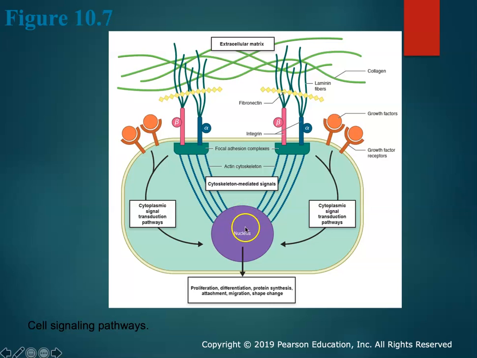Also, hormones and neurotransmitters binding to their receptors will initiate some sort of signal transduction pathway inside the cell, which ultimately can affect transcription or things in the nucleus. That's why everything's pointing to the nucleus here.